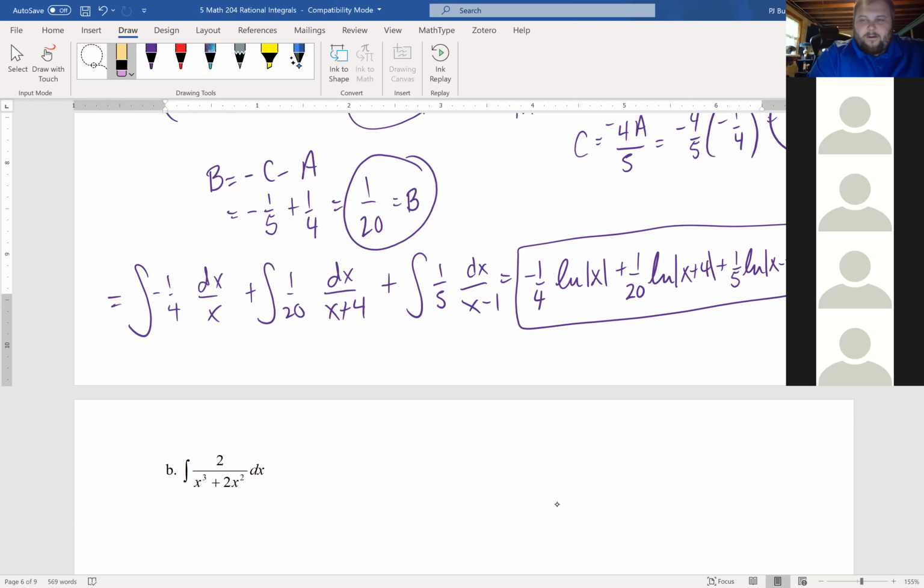And if you get there, I am ecstatic. You could technically put all three of those logs together. It's a mess. Don't worry about it. That's your final answer.